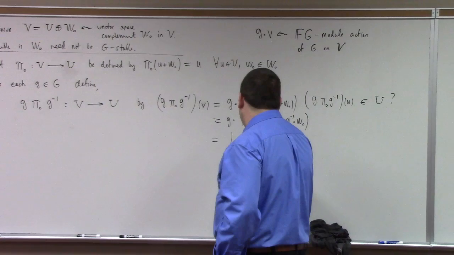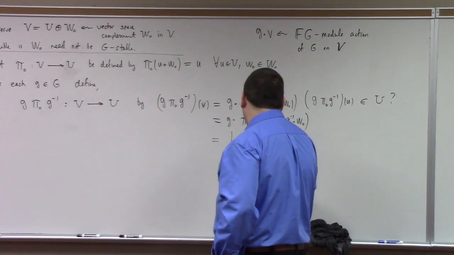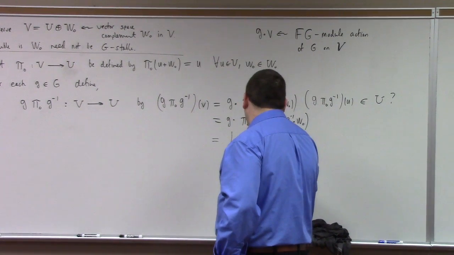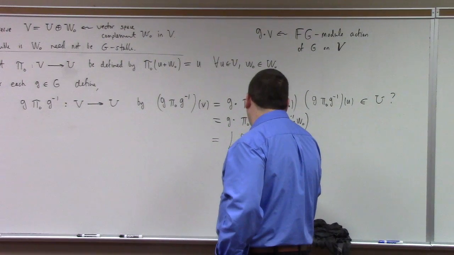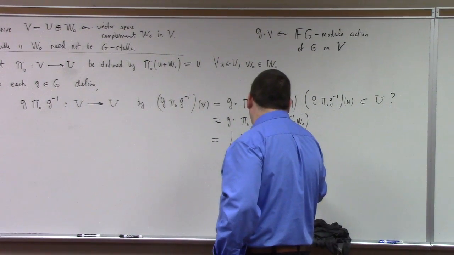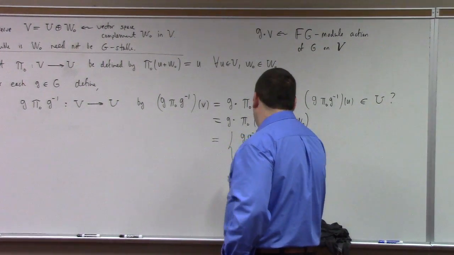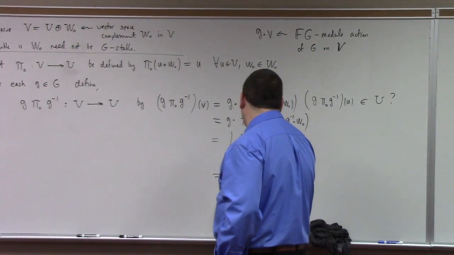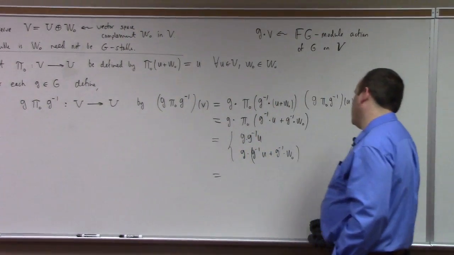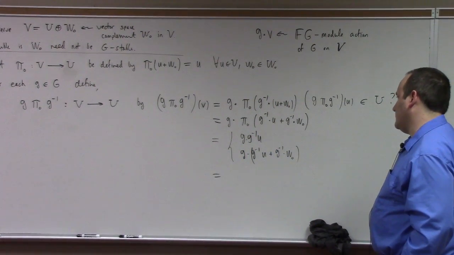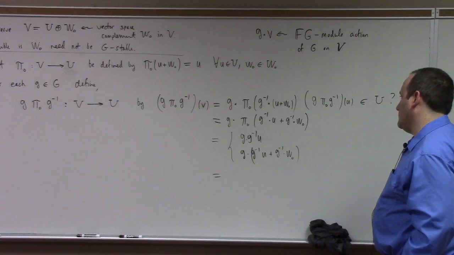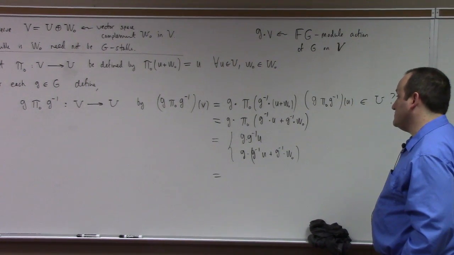It could be pi dot G inverse U, or it could be G dot G inverse U plus G inverse W naught. But in either case, I still just get back, well, I don't think it really matters because, wait, what are we trying to show here? That's a good question.